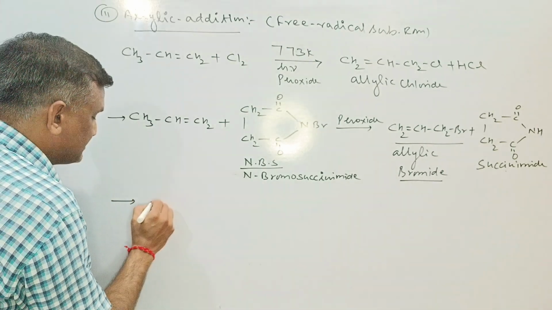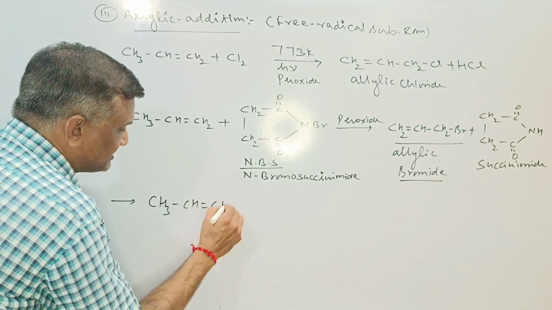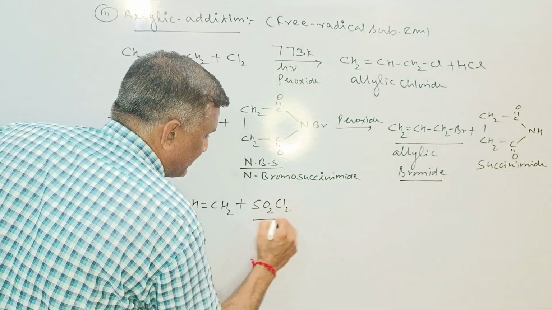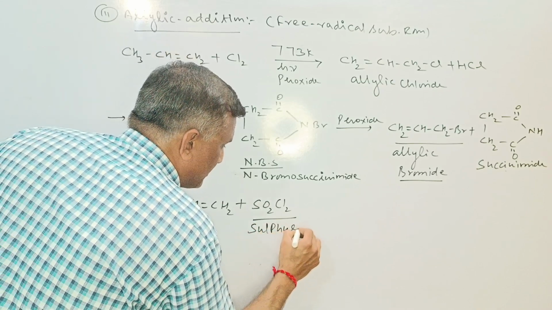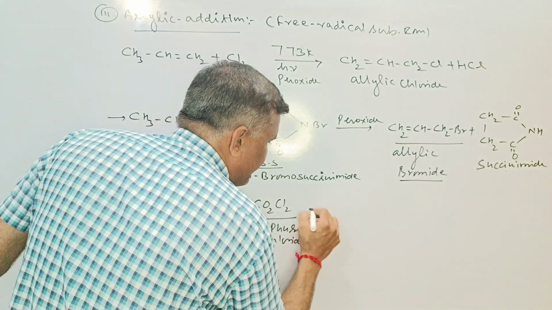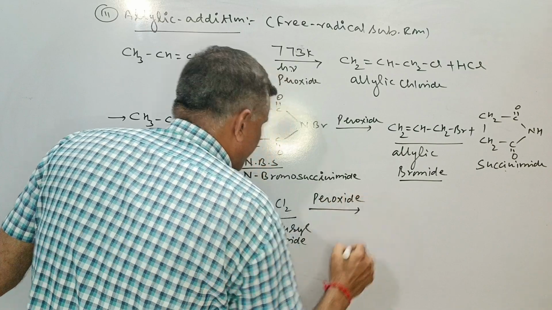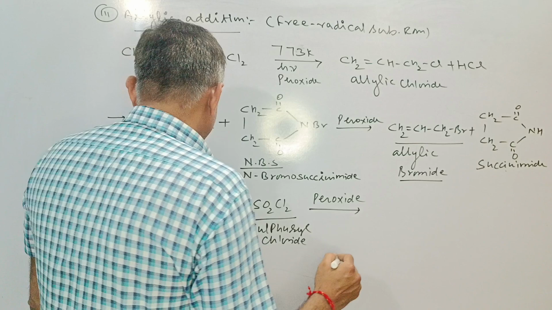What is that? This is CH3-CH=CH2 with SO2Cl2, sulfuryl chloride, in the presence of the same peroxide. There will be formation of a similar allylic chloride, CH2=CH-CH2Cl.